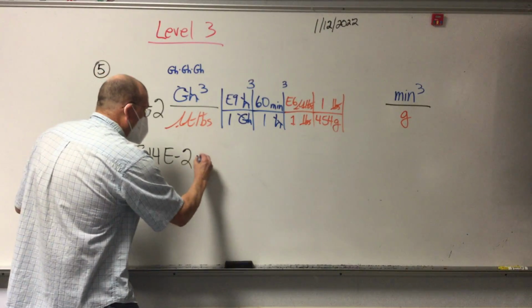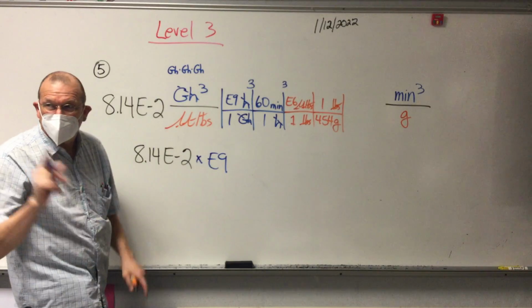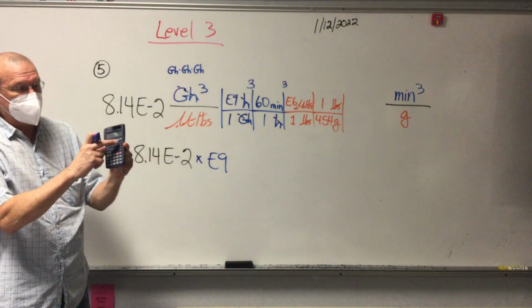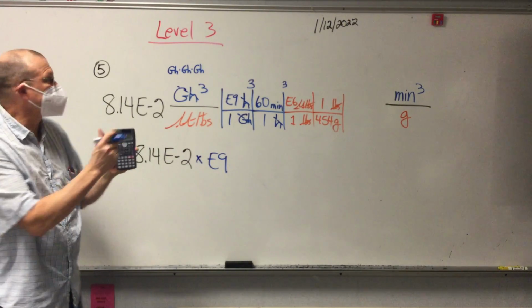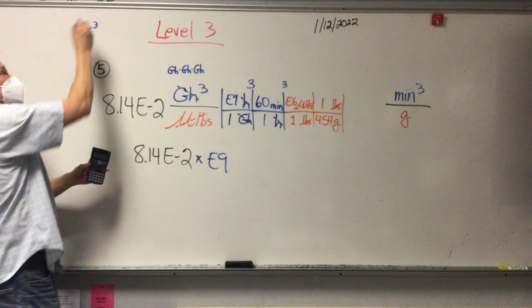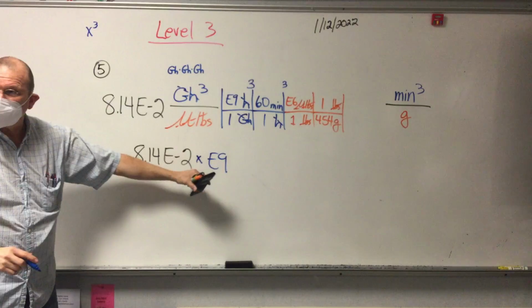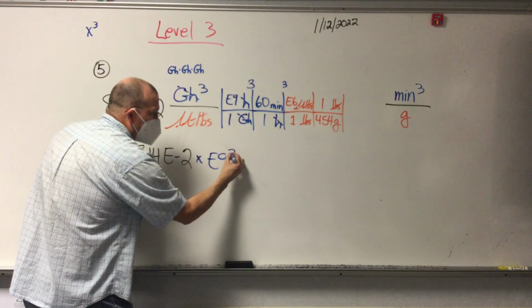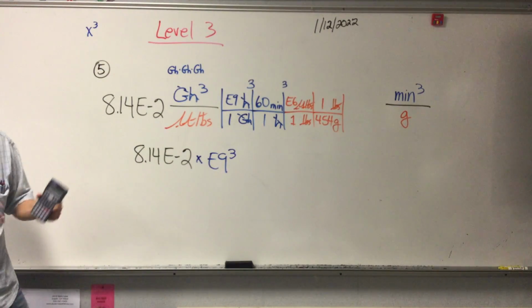Multiply by E9, cubed. Now, on your calculator, there is a button, remember, upper left, that says x cubed. That's the one you would want to hit. So when you put the E9 with the exponent 9 and then you hit the cubed button, you'll get a 3 right there. And you're all good to go there.